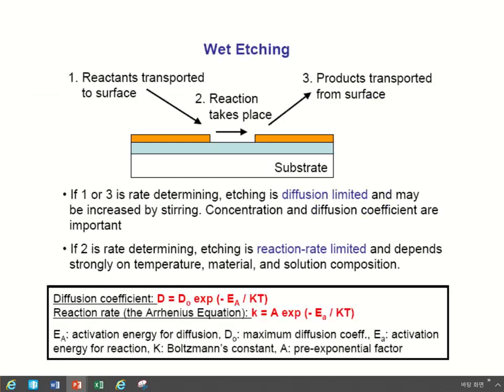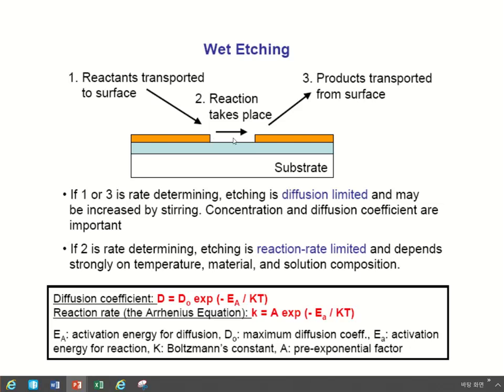This is the mechanism of how wet etching works. The first step is reactant transport to the surface of the target, and then the reaction happens here at the target. The gray is the target material, and the orange is the protection mask.